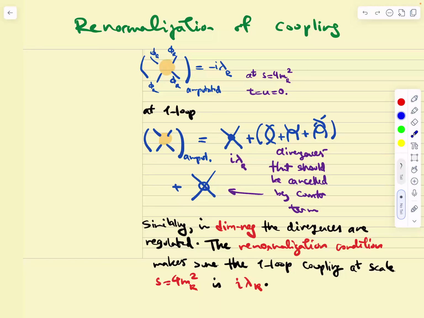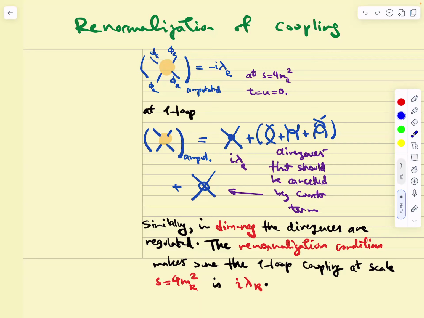No, sorry, I said it wrong. This is the center of mass energy, so it's 2E squared. Let's say they have the same mass, so this is 4 times m_R squared plus k squared. This is the rest mass.